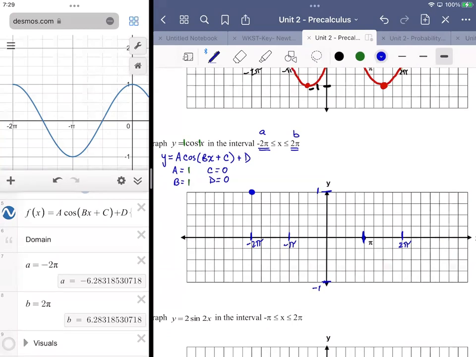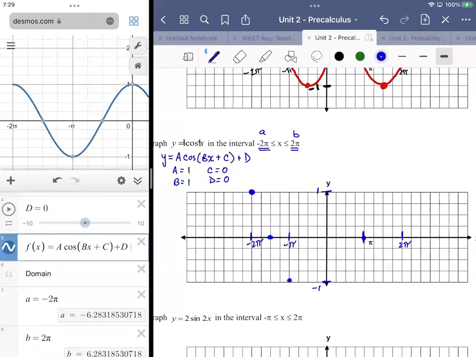Halfway between negative 2 pi and negative pi, I'm at the x-axis, so I'll just plot a point there. At negative pi, I'm at negative 1. If you're not sure, just tap on the point. It'll tell you the coordinates. Negative pi over 2, that's halfway between 0 and negative pi. A 1.